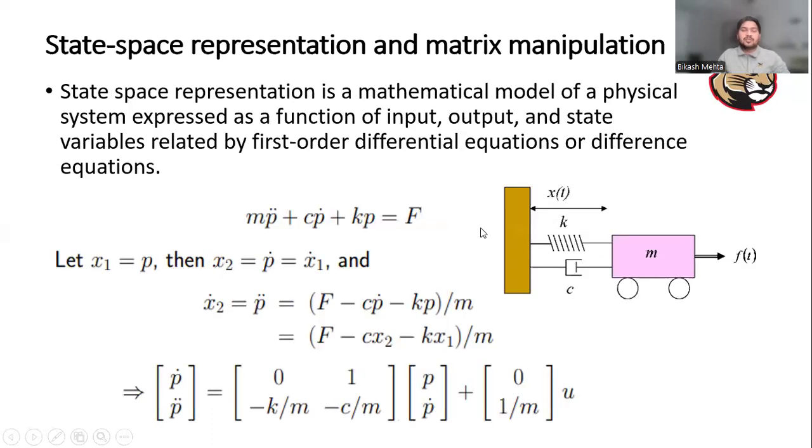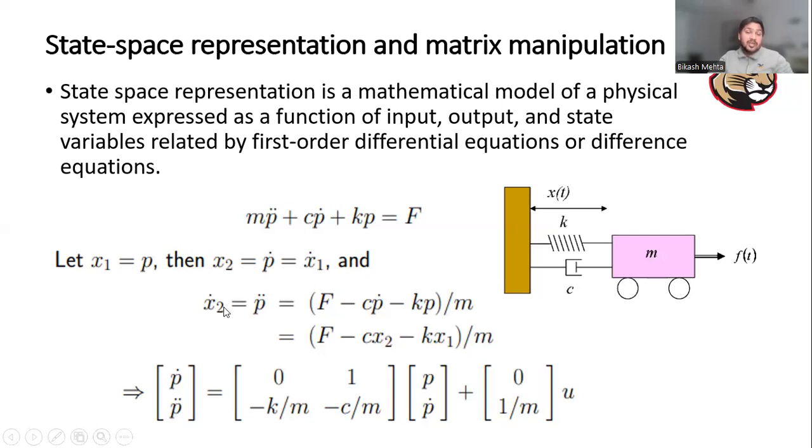Here is one example of a mass spring system. This is a mechanical system, and this is our second order equation of motion for this system. But especially in modern control, we decrease the order of the system into first order, even though the system is second order. As you can see, this equation of motion is second order, but I have supposed x1 as p and x2 as p dot, and p dot is also x1 dot.